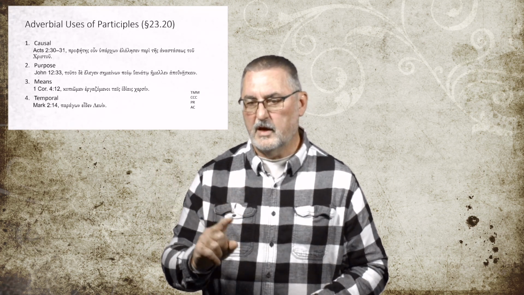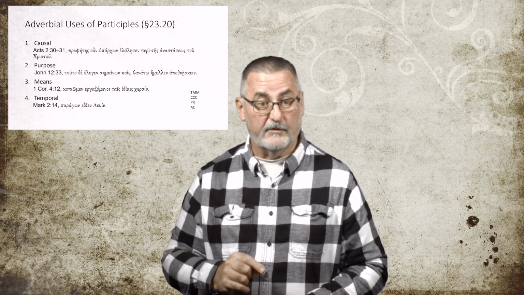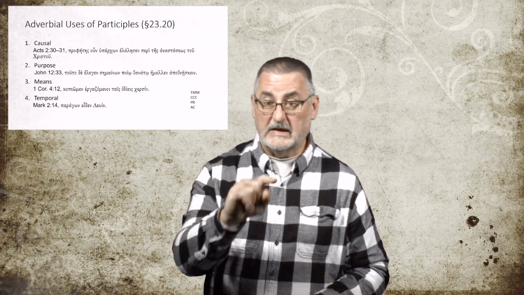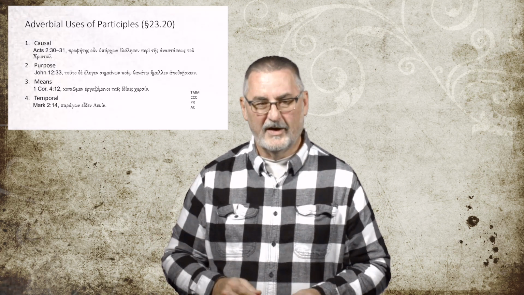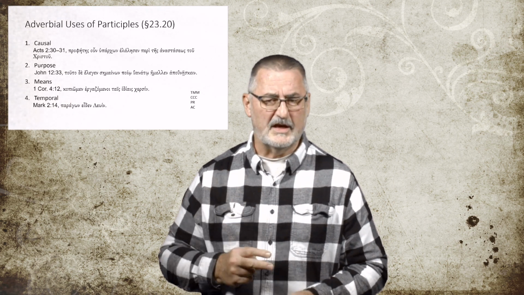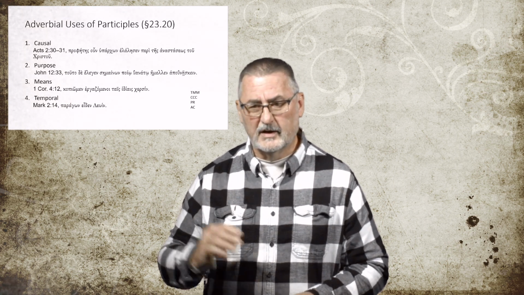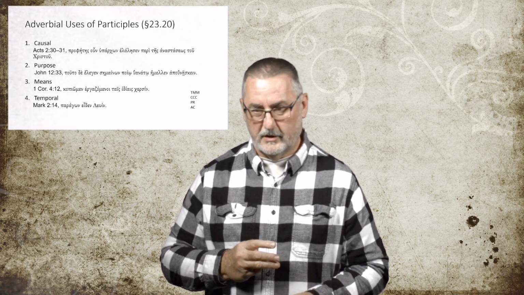MM would be manner, which is not covered here, but will be in chapter 24. Manner or means. Triple C. We've got on this slide causal. A second C is condition. And a third C would be the idea of concession.